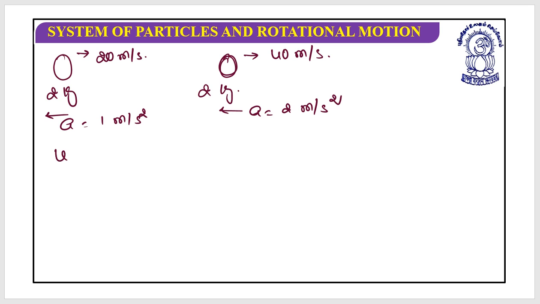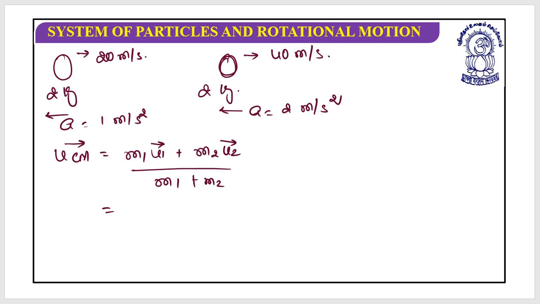So ucm could be written as m1u1 plus m2u2 divided by m1 plus m2. This is mass 1 into u1, 2 times 20 is 40 i cap, plus 2 times 40 is 80 i cap, divided by m1 plus m2, which is 2 plus 2, 4.